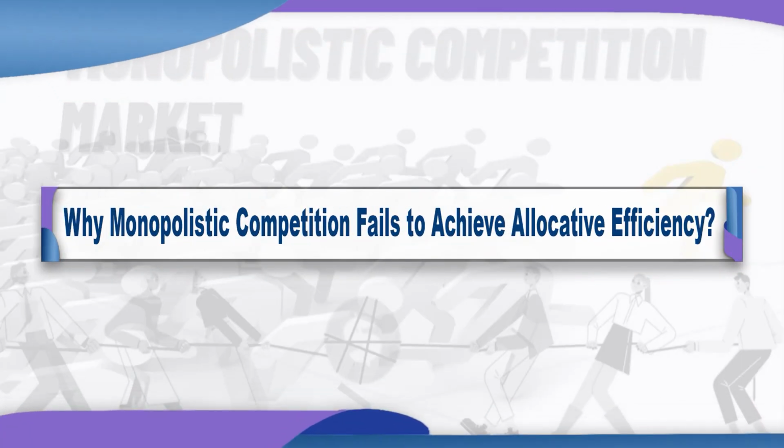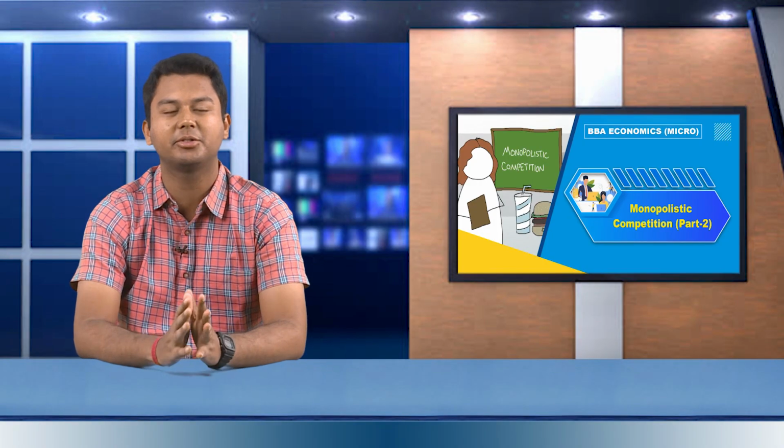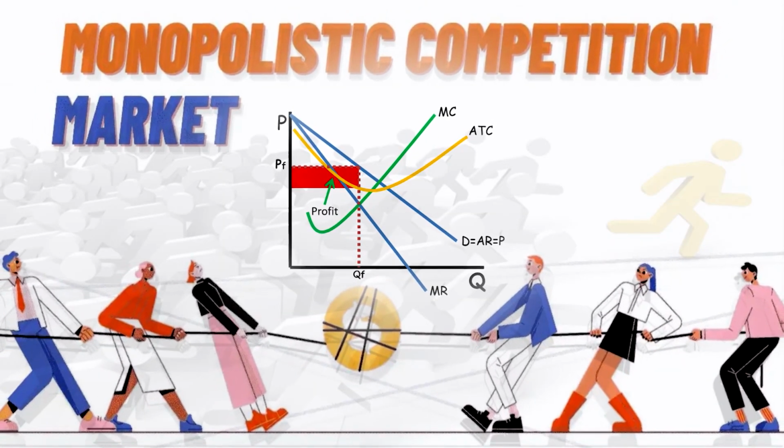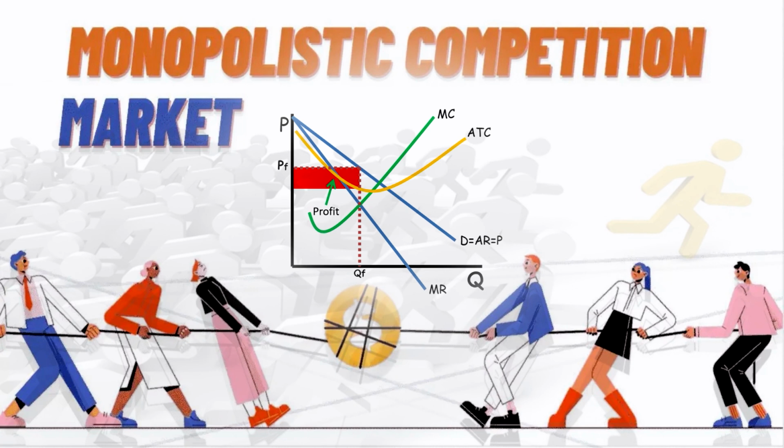Now let's see why monopolistic competition fails to achieve allocative efficiency. In monopolistic competition, firms face a downward sloping demand curve because of product differentiation. As a result, the price charged by firms is higher than marginal cost, that is P will be greater than MC.